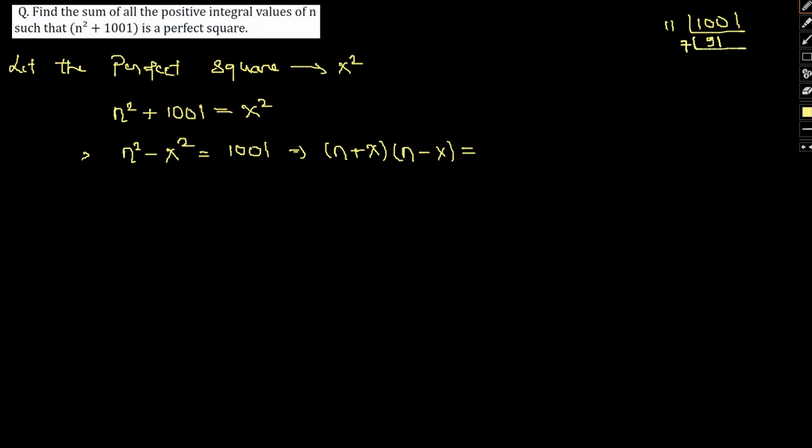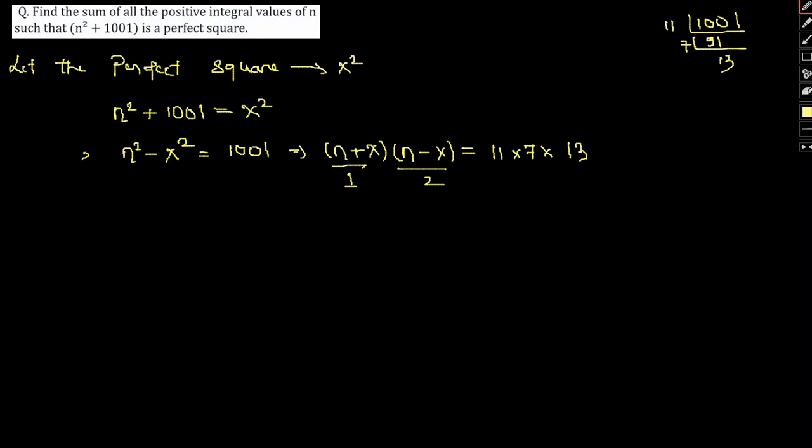Also 7 and 13. This can be written as 11 into 7 into 13. Now we have two terms here, so I'm going to represent this 11 into 7 into 13 as two multiplicative terms.